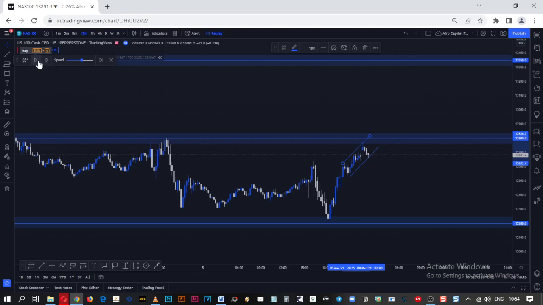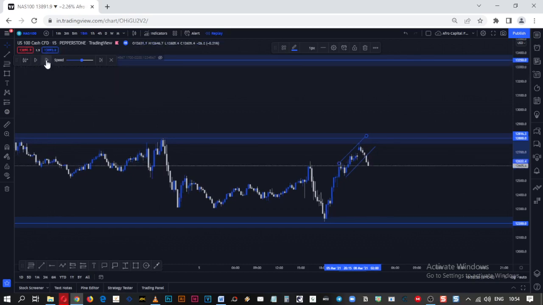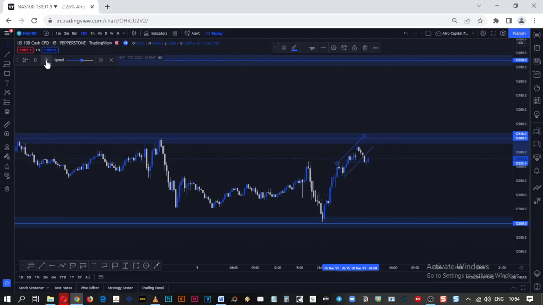On the 15-minute time frame, breakout, you can get ready for your sell entry.